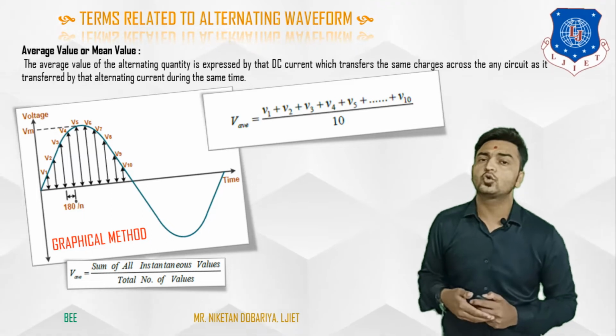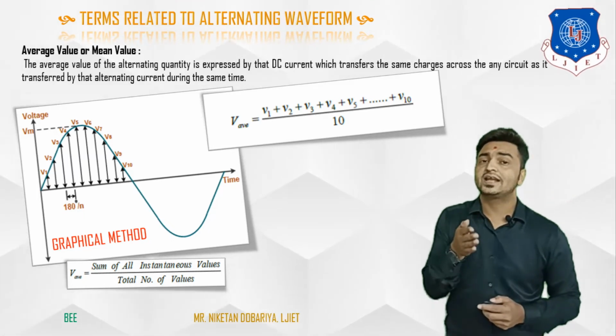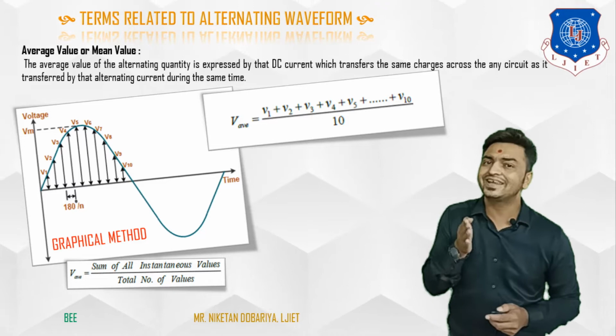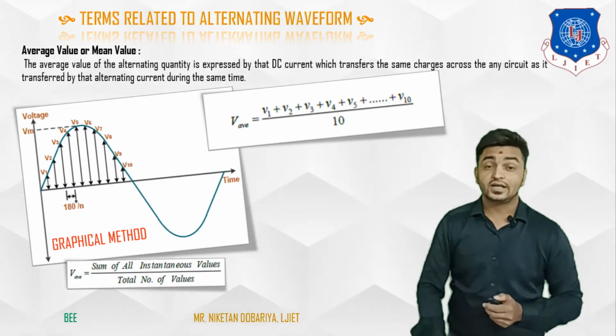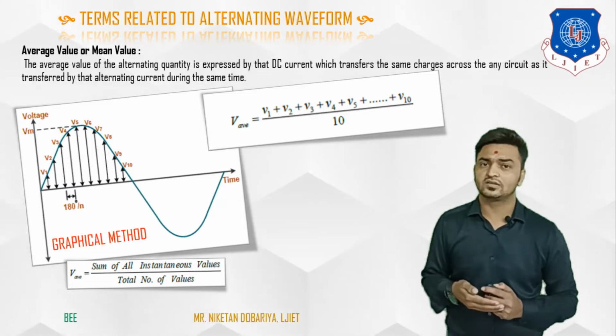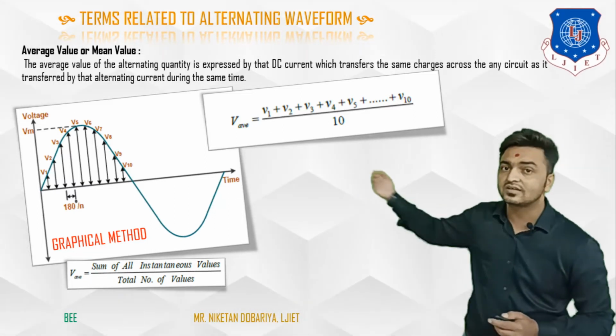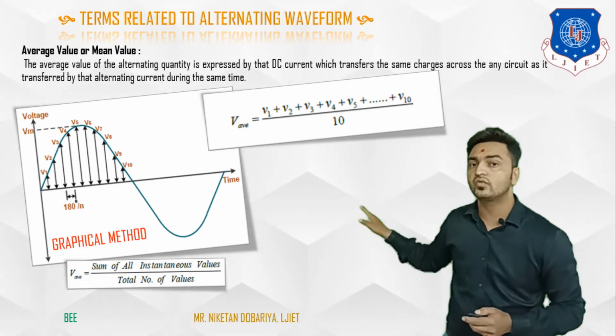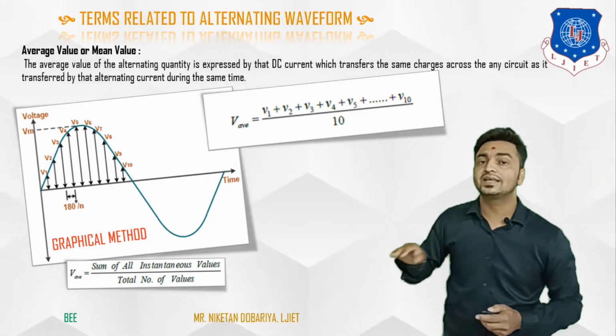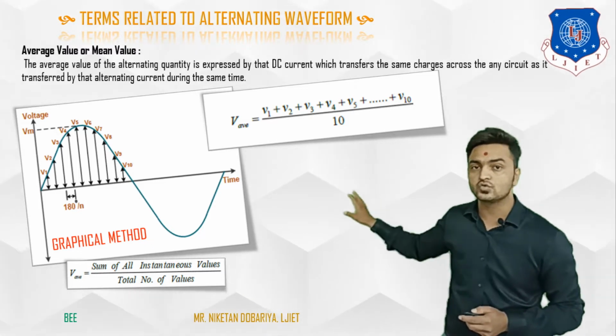So up to now we have 10 instantaneous values at the same interval on that positive cycle, and in the graphical method we consider these 10 values and find their average, which defines the average value for that positive cycle.